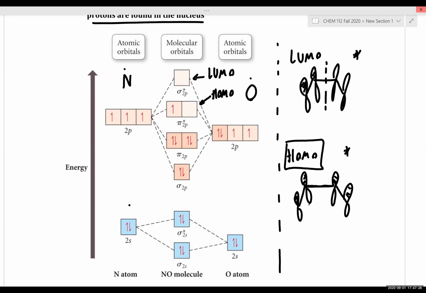Okay, and then just one last thing too. On this picture here, it's showing the 2p for nitrogen is higher than the 2p for oxygen. Is that intentional based off of what you were explaining earlier about the difference of energy? Yes, exactly right. Oxygen is more electronegative.